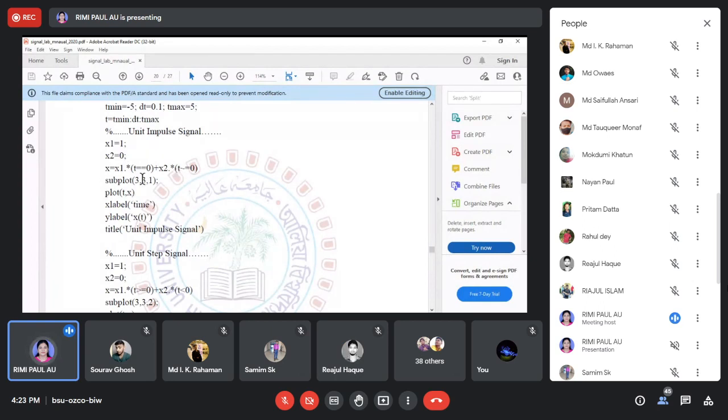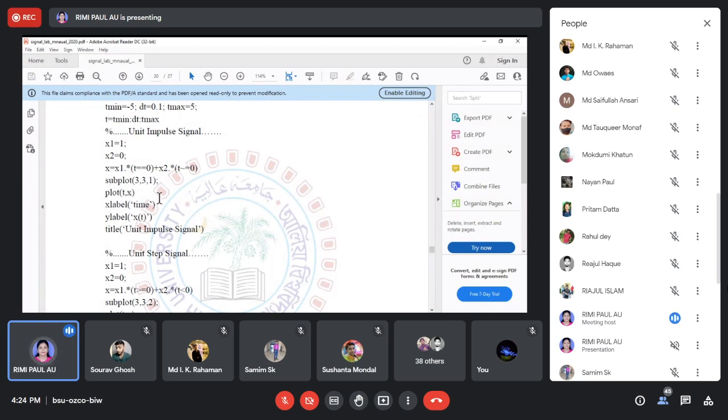Next is subplot. Plot I have already shown, but today I will show you again. After completion, I'll show the new students the MATLAB, how to write MATLAB.